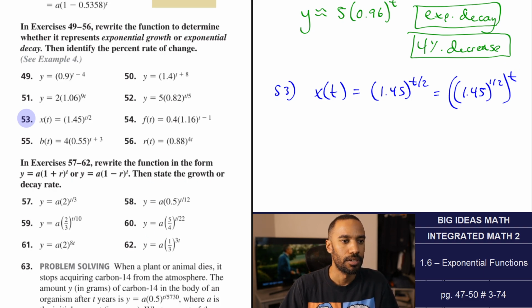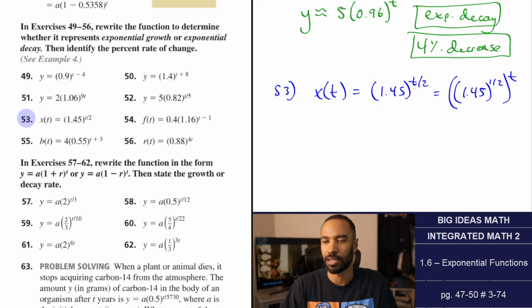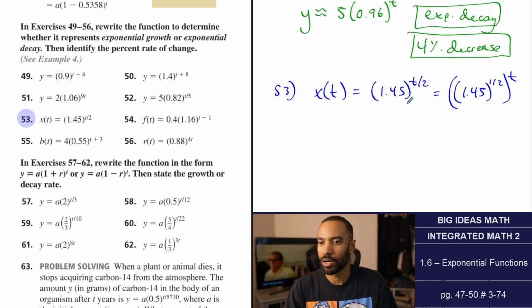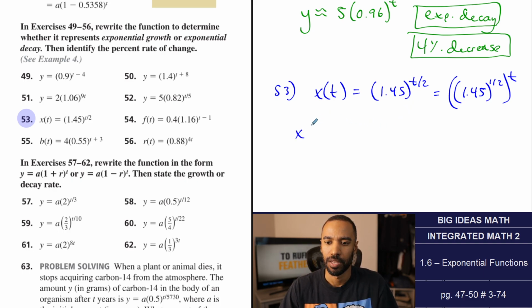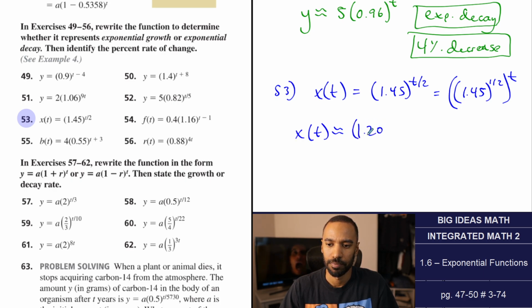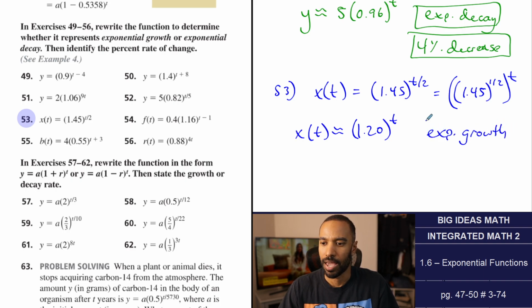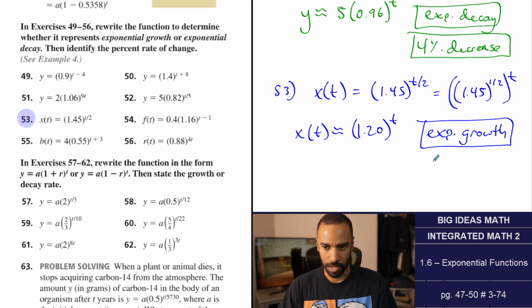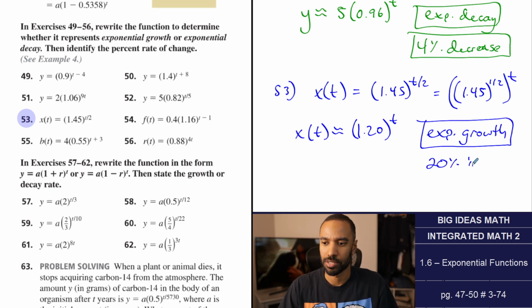Square root of 1.45, and I'm getting 1.204. I'll call that 1.20. X of t is about 1.20 to the t power. So that is exponential growth, and that is a 20% increase.